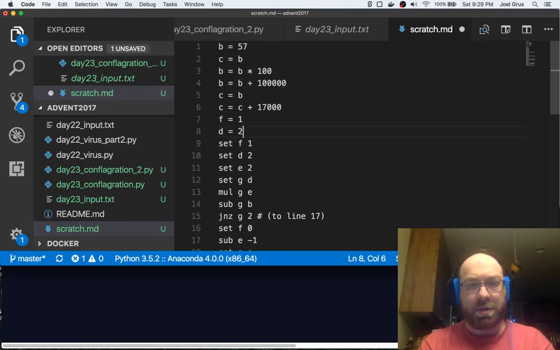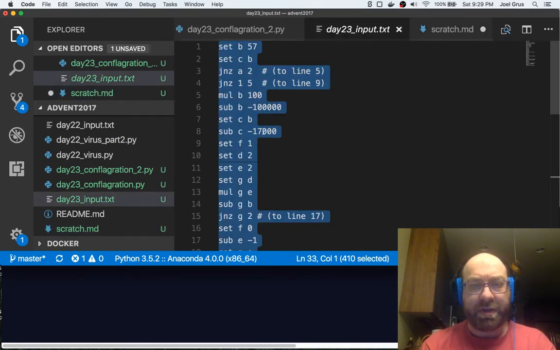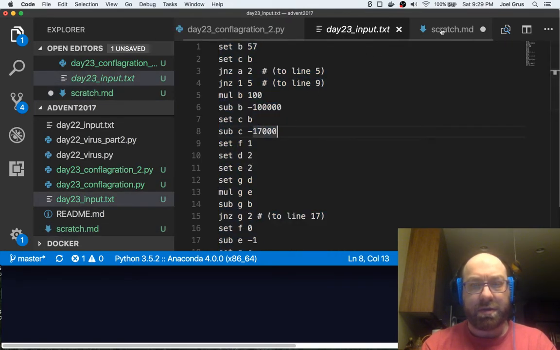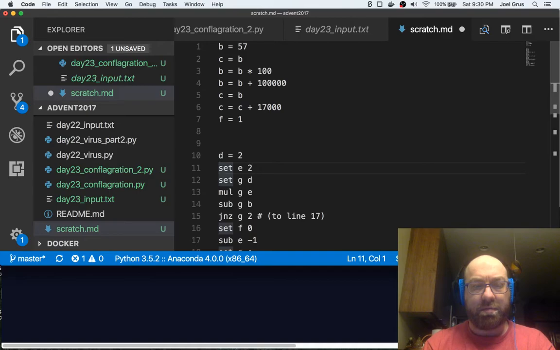D equals 2. And let's make sure that's at line 8. It's not. So I'm going to run into trouble already. D equals 2 should be line 10. E equals 2. G equals D. So let me give these numbers 10, 11, 12, 13.